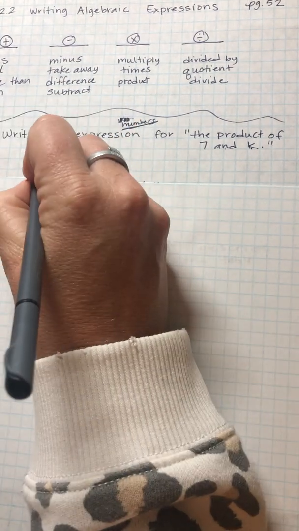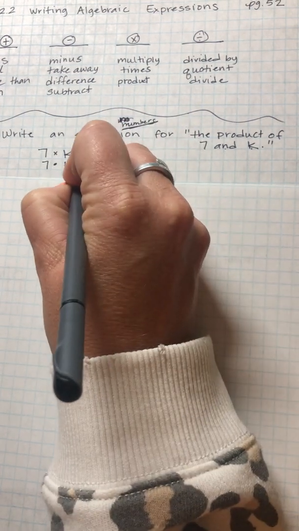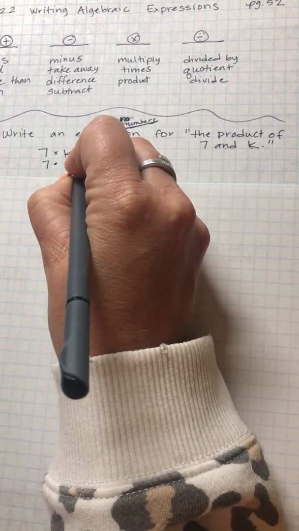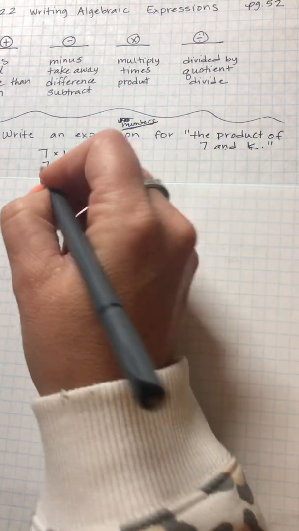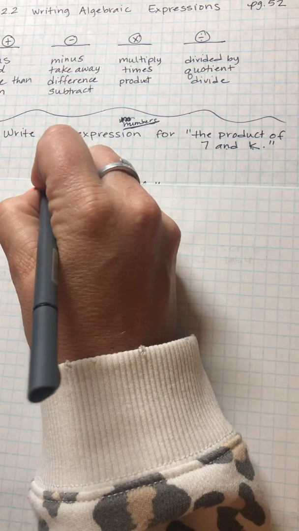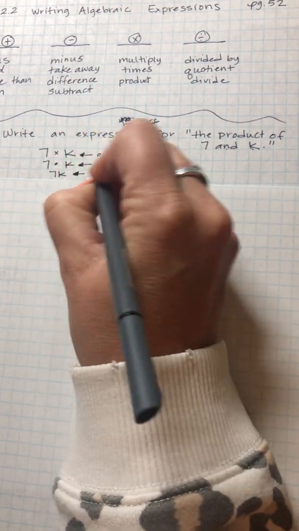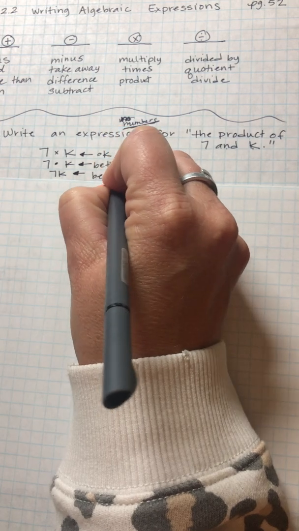We either write it as 7 dot K, so this is a better answer, or we just write 7K. This is the best answer. This is going to get you ready for algebra.